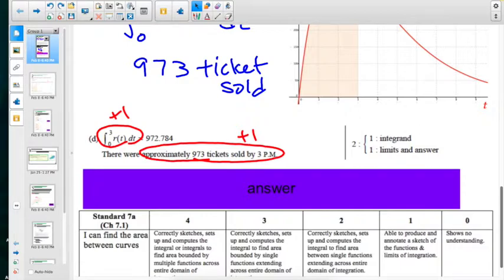So with these type of accumulation problems, with these type of problems that have this physical representation, we have to be able to articulate that we know we're selling tickets, and we know we can't sell a fraction of a ticket. So if somebody said 972, my guess is that they probably also would have gotten both points because they're approximately between 972 and 973 tickets sold. Okay?